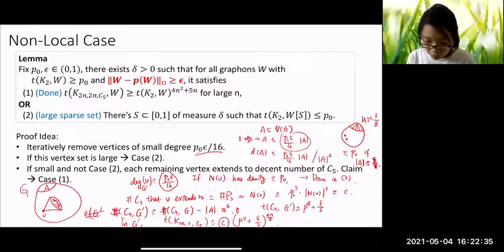And here we only need to count the fraction of K2,2 in the remaining graph, which we can get a boost because of the C4 count. And we are good. This is at least this bound when n is very large. So n has to depend on epsilon and C, but C also only depends on epsilon and P0, so we're okay. So basically, this is a proof for this non-local case.